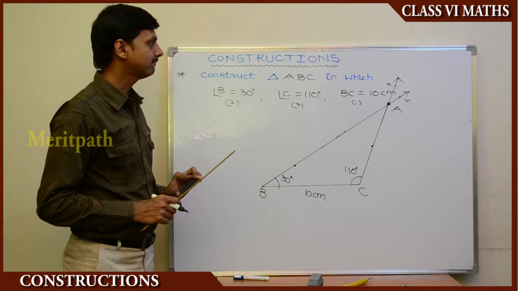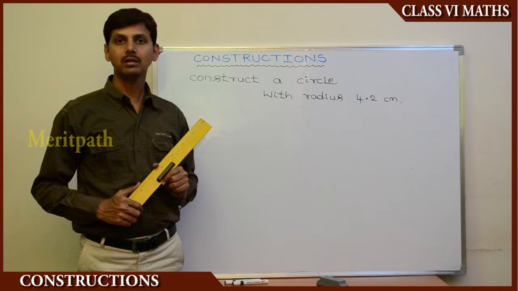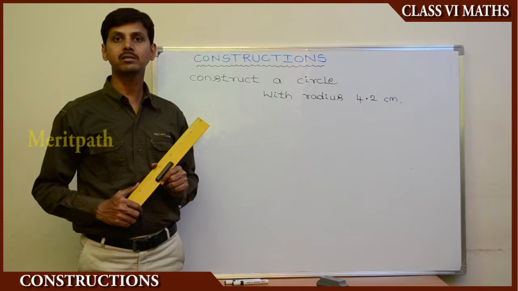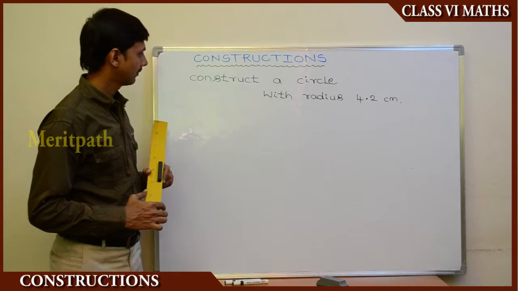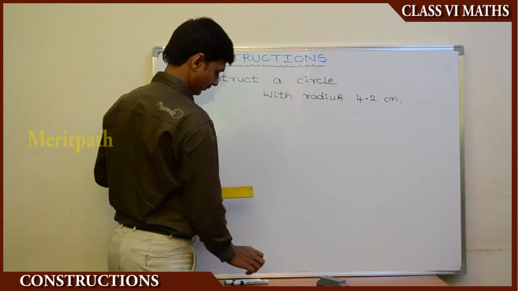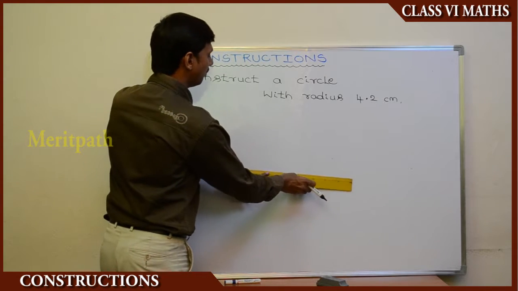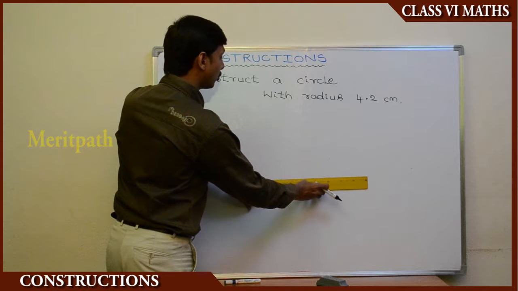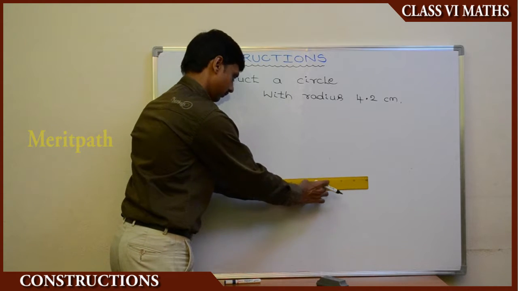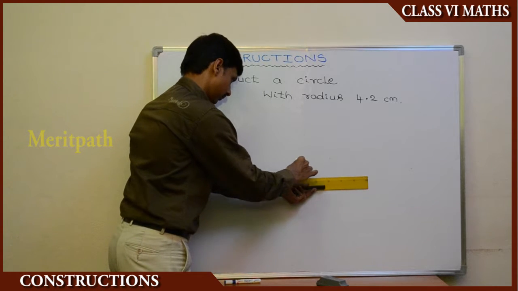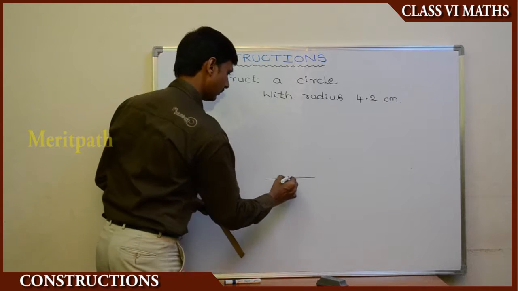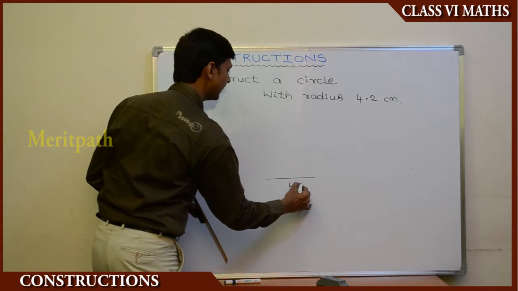Let's go to the next one. Construct a circle with radius 4.2 centimeters. Let's take a ruler and draw the radius of 4.2 centimeters. This is 4.2 centimeters.